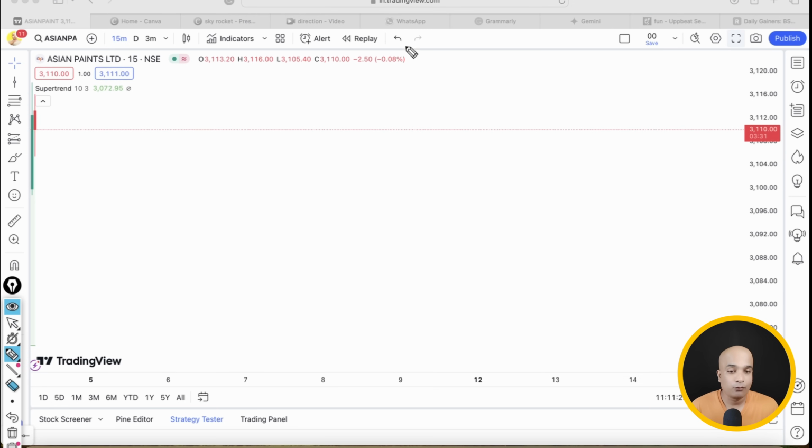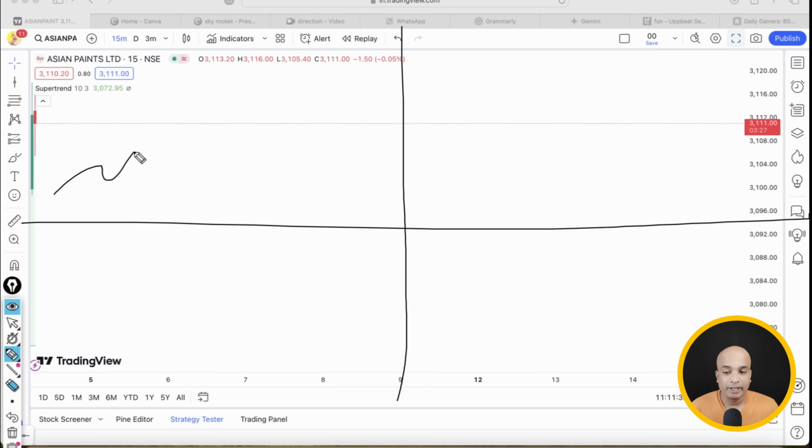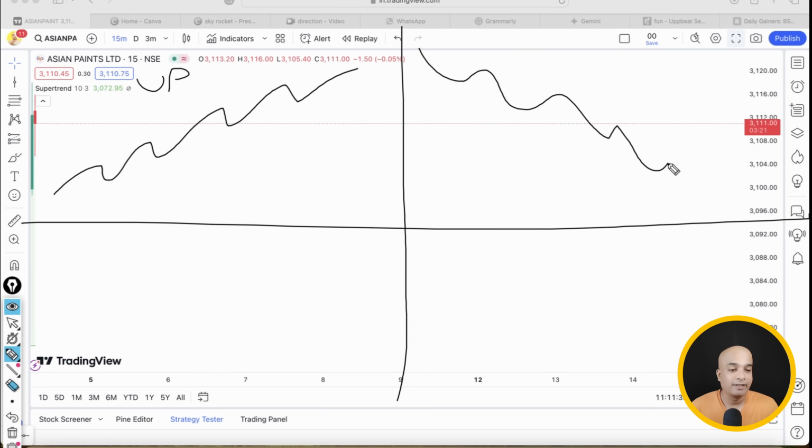Basically, there are 4 types of market as per Dow theory. If the price goes like this, it is an uptrend. If the price comes down like this, it is a downtrend.